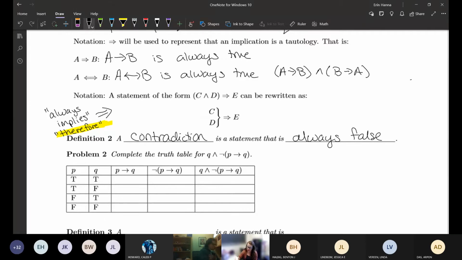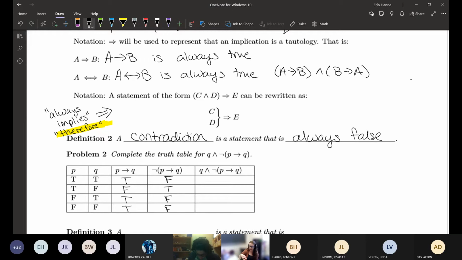So say we want to build up this truth table to end up with Q and not P implies Q. Let's go ahead and do the P implies Q column first. So again, only false when we have a true implies false. If we then want to negate that column, we have false, true, false, false.